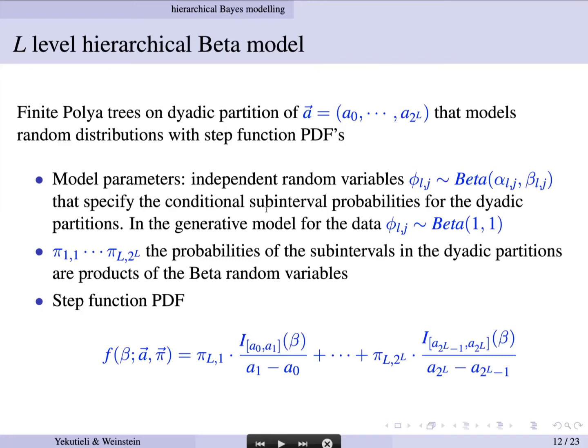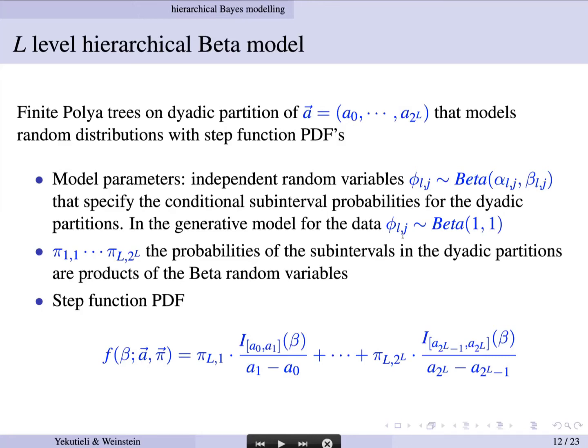What are the parameters of these models? The model parameters are these independent beta random variables that specify the conditional subinterval probabilities for the dyadic partitions. When I run the model, the prior is that each of these distributions is uniform 0, 1, which is known as a beta 1, 1. So I begin the model with a beta 1, 1, and how do I get from these beta variables to actual probabilities?